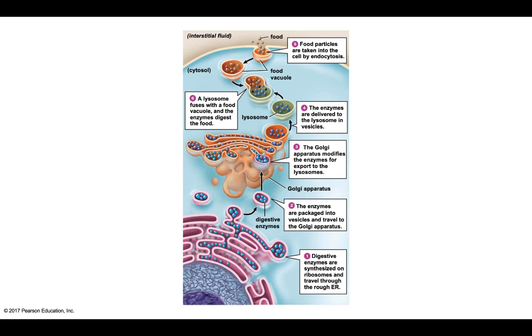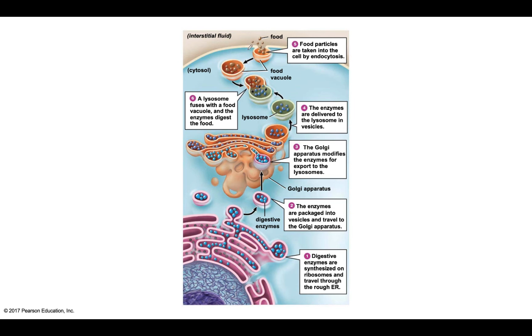This enzyme is also exported to the lysosome. So here, at this Golgi apparatus, a vesicle is formed, and inside the vesicle there is a digestive enzyme located. This digestive enzyme is delivered to the lysosome. So inside the lysosome, there are digestive enzymes present.